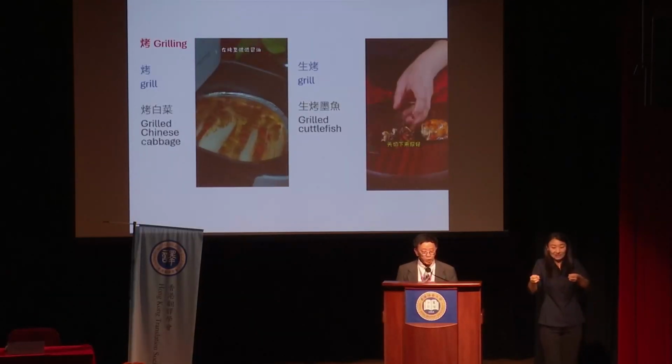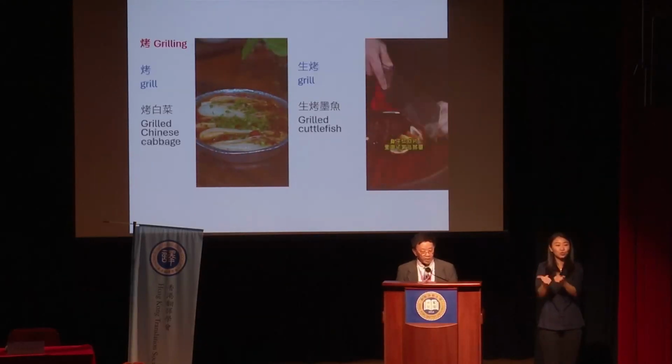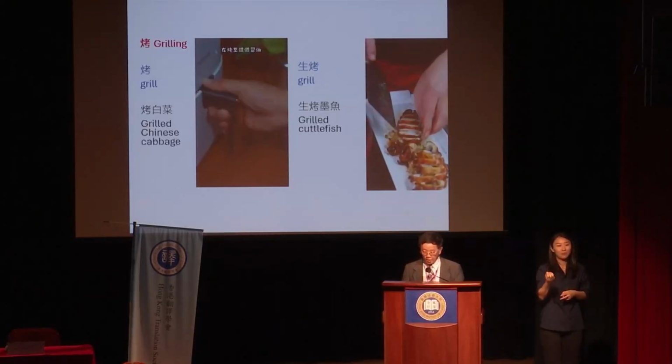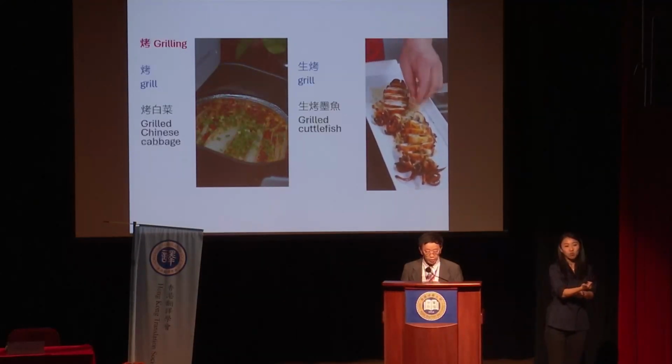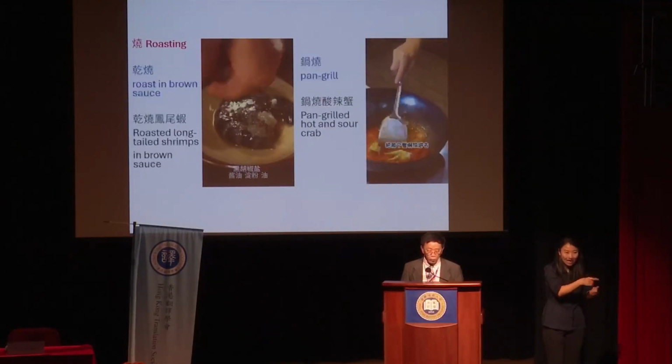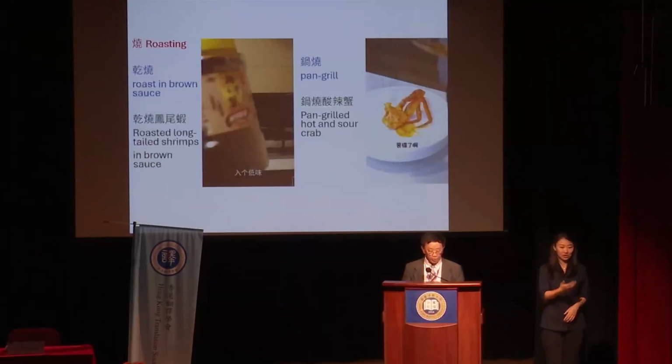We also do a bit of grilling, okay? 烤, you can 烤白菜, you can 生烤, meaning you grill it in raw, okay? And then roasting is one common method, one cooking method.